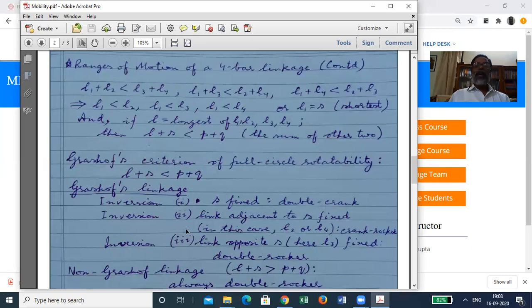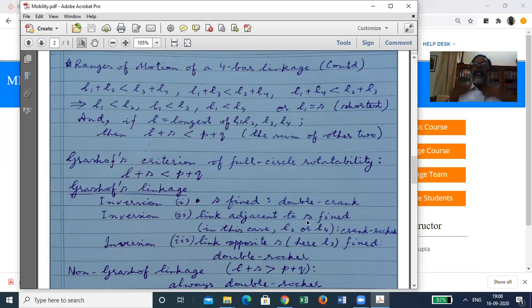In the second inversion, in fact, two inversions appear here together. If you fix a link adjacent to the smallest one, then it is crank rocker. Why? The argument is very simple, straightforward. It cashes in on the idea of the inversion. In the inversion that we have discussed, link 1 is fixed and 2 is rotating full circle relative to 1.